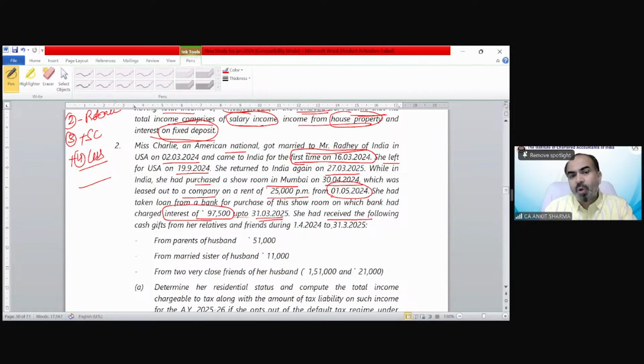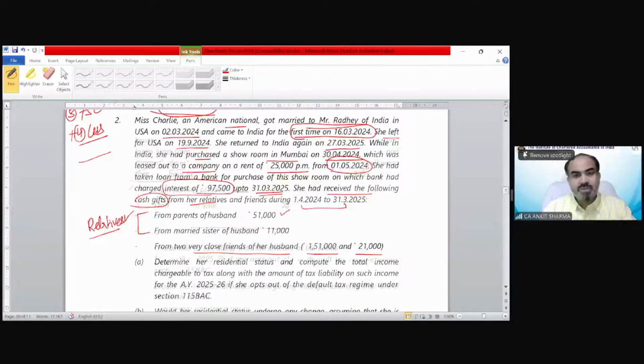She had received the following cash gifts from her relatives and friends during this financial year. 51,000 from parents of husband. So are parents of husband covered under the definition of relative or not? From married sister of husband. So are these covered under the definition of relative, under income from other sources or not? The answer is yes. From two very close friends of her husband, 1,51,000 and 21,000. So this was the information.